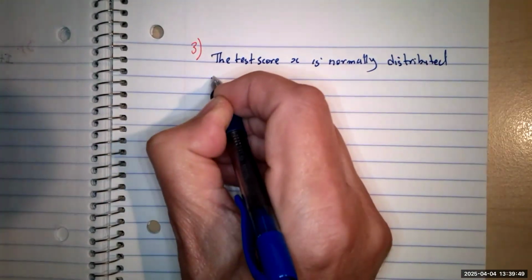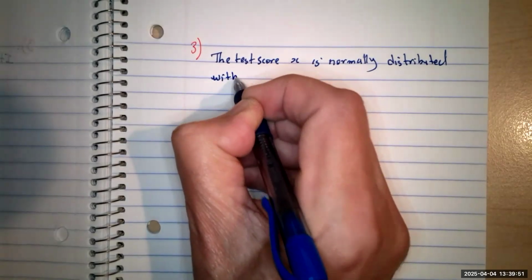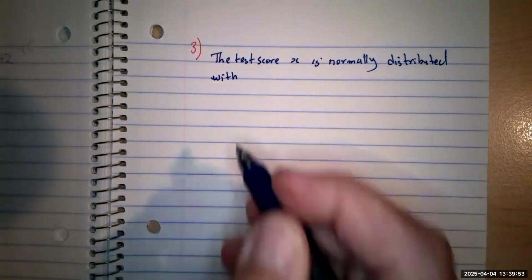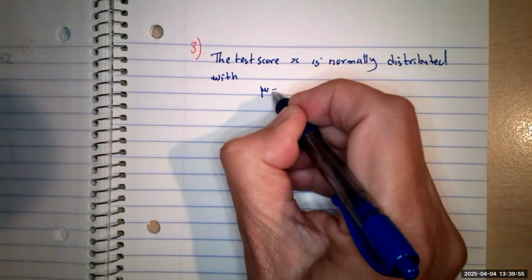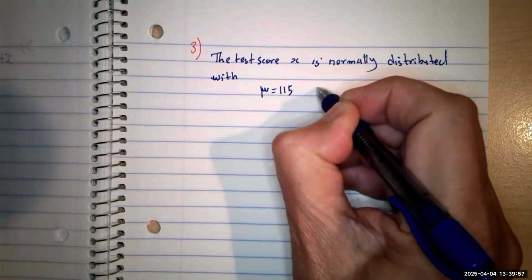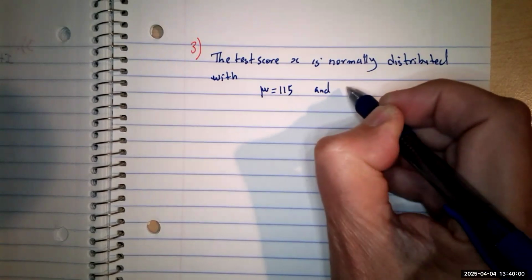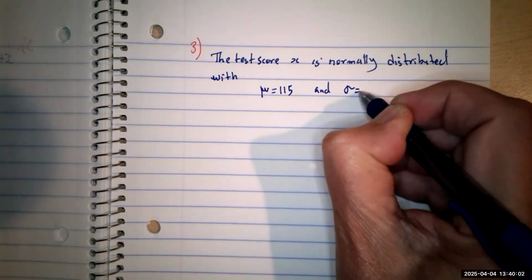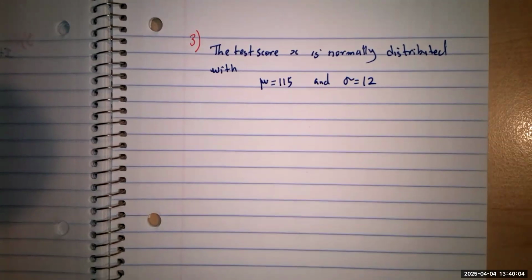Of course, as soon as you say normal, you have to give us two numbers: the mean, mu, which is 115, and sigma, which is equal to 12.